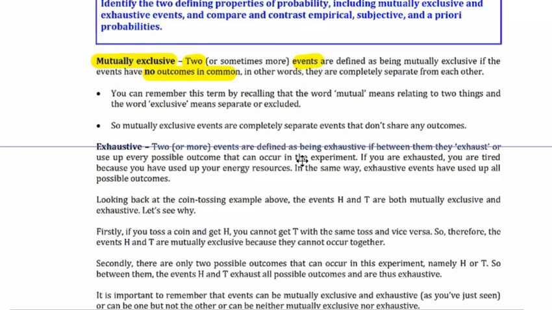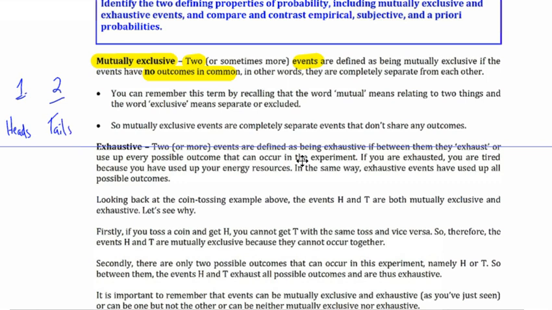So let's say, for example, my experiment is the flip of a coin. What are the outcomes? Outcome number one can be heads, outcome number two can be tails. Then they can never be the same.